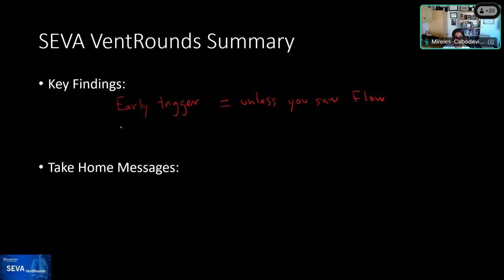And then we saw a case of failed trigger that was at a rate that was entrained, that we failed to confirm because we did not do an end expiratory hold that we should have done.